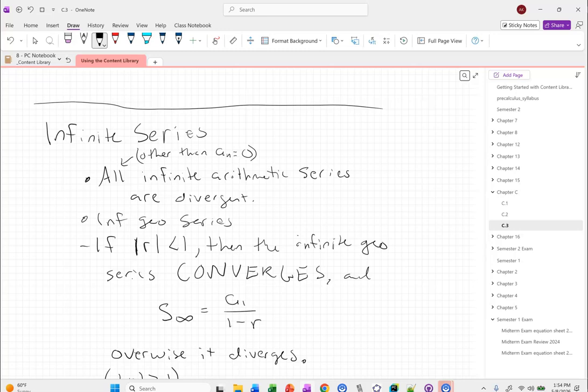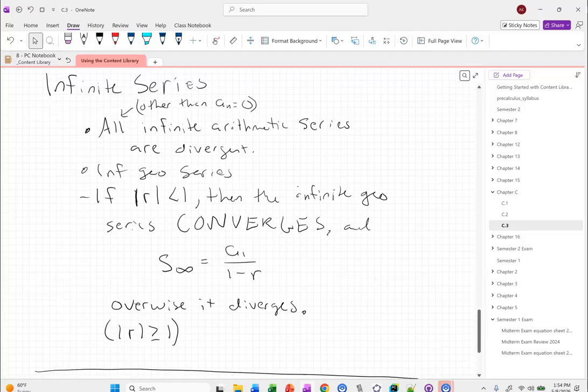Otherwise, it diverges. So if the absolute value of r is greater than or equal to 1, there's nothing to do with it. You just say it diverges and you're done. Everybody's okay?